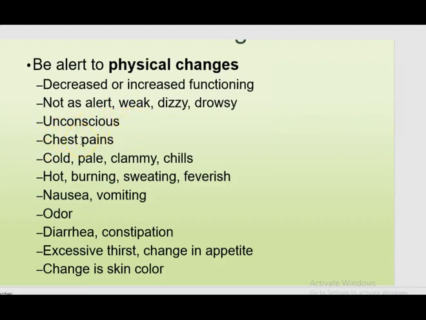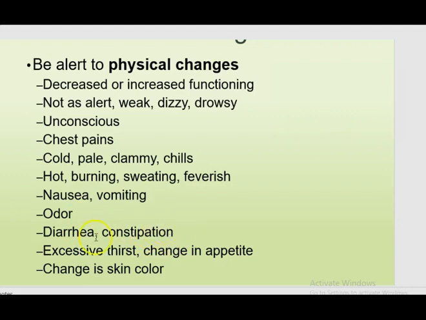But either, oh, I'm having some chest pains, or they're cold, they're pale, they're clammy, or they're hot, sweating. They're complaining of nausea and they're actually vomiting. Oh, there's an odor, especially to their urine, but it could be to wounds or other things.